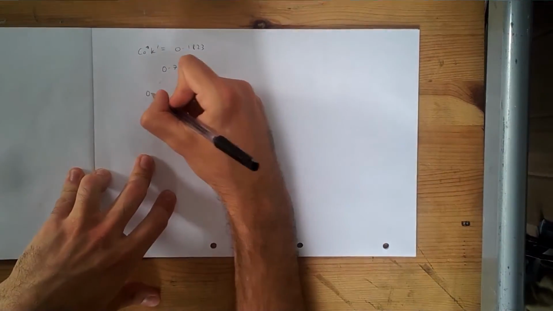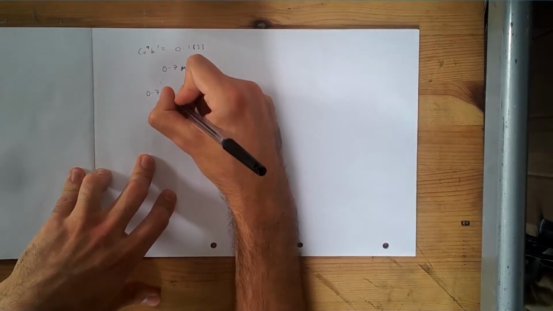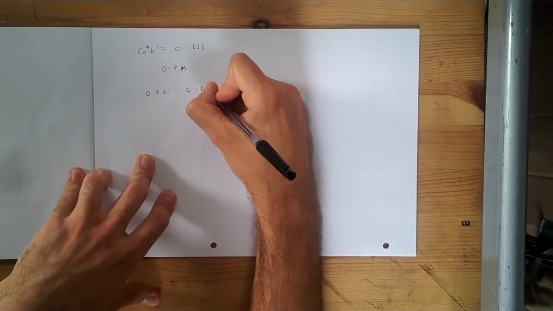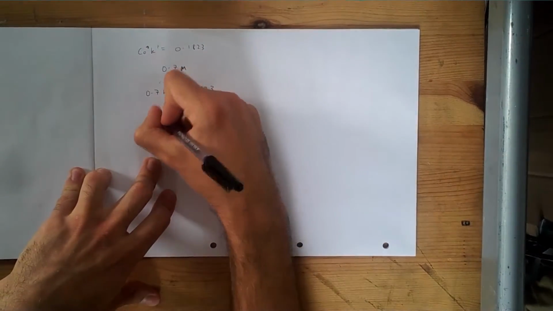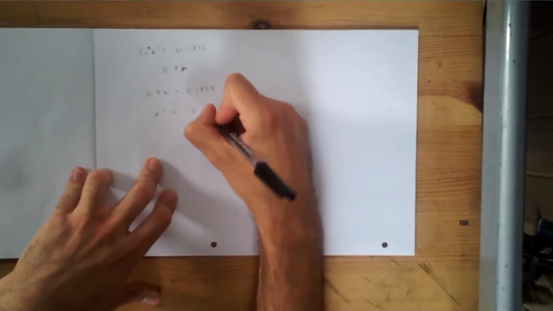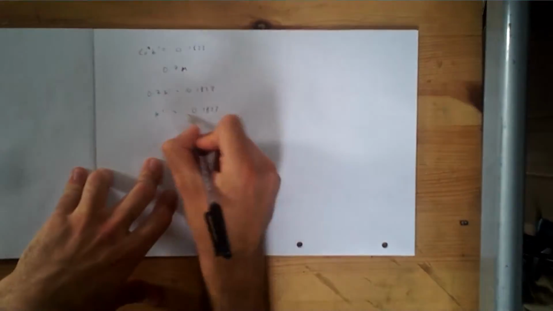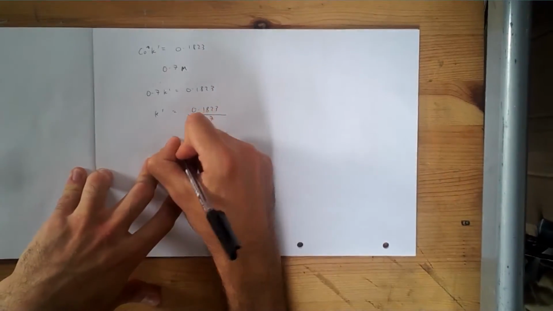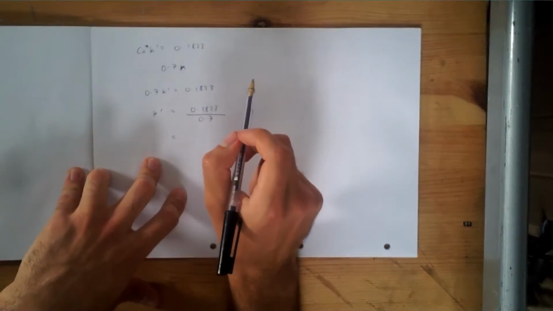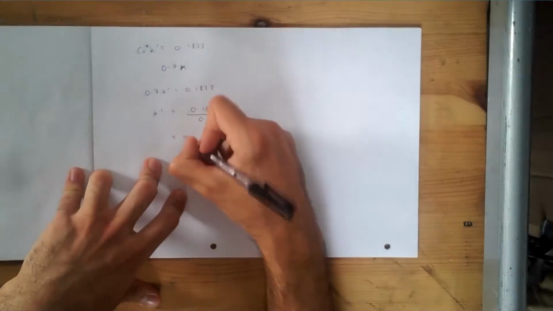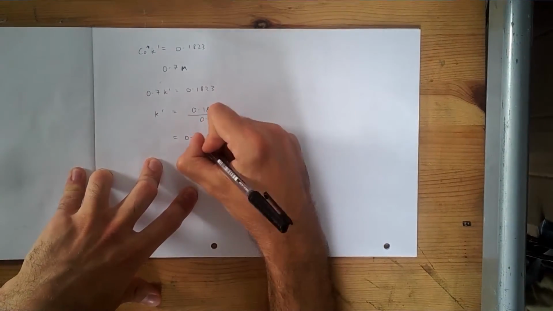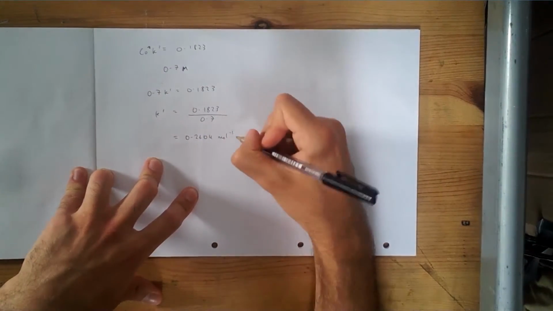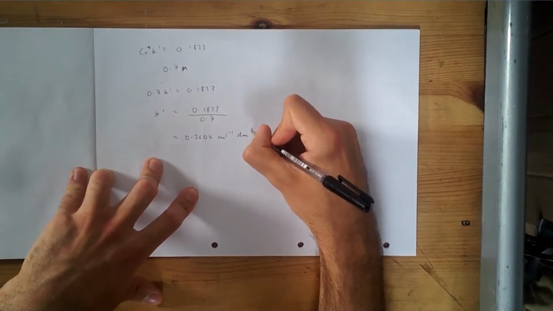So we put that in here, 0.7 K prime will be equal to 0.1823. So K prime therefore is equal to 0.1823 all over 0.7, which gives a K prime value of 0.2604 moles to the minus 1 decimeter cubed.